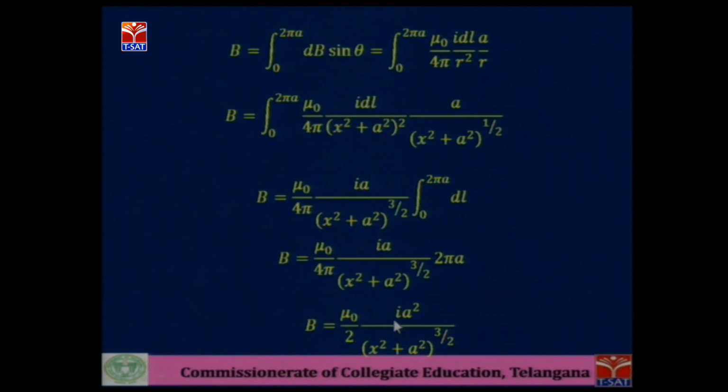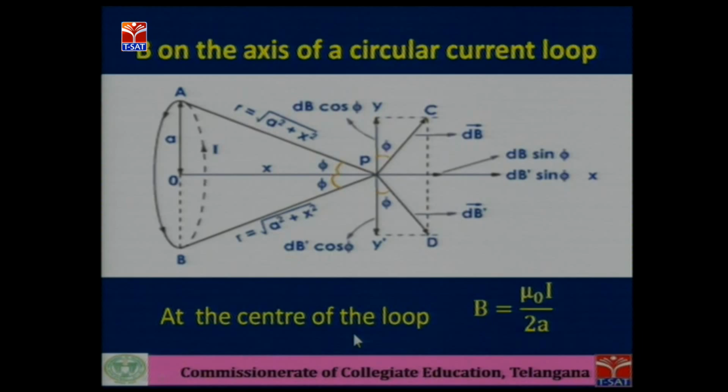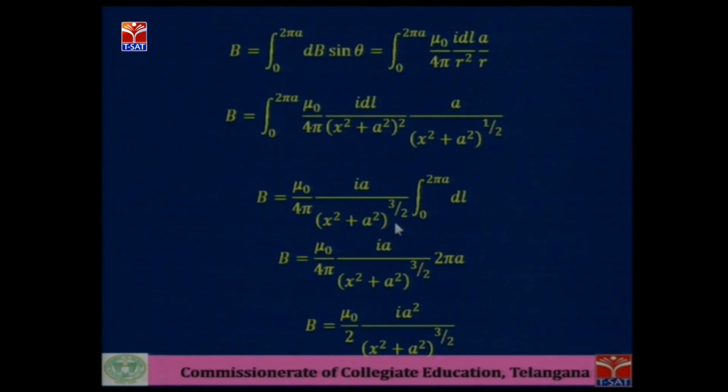Suppose we go to the center of the loop. If we want to find the magnetic field exactly at the point O, then in the previous expression we have to make x equal to 0. Here x becomes 0, then the denominator will become a to the power of 3, and the numerator has an a square.